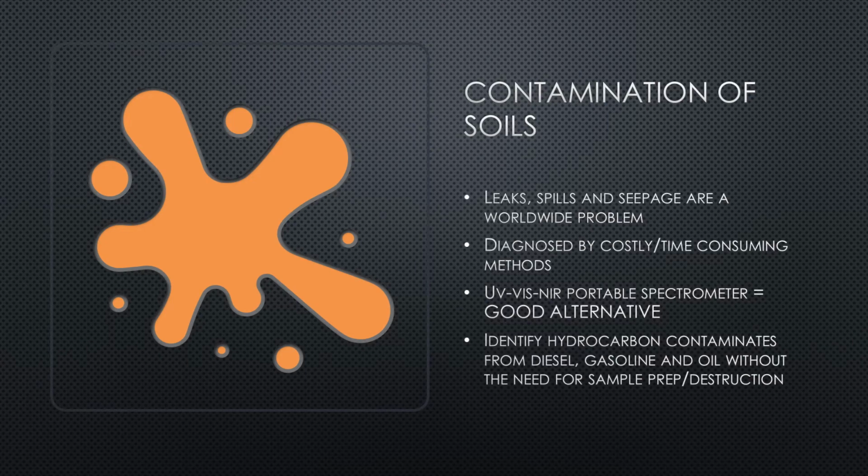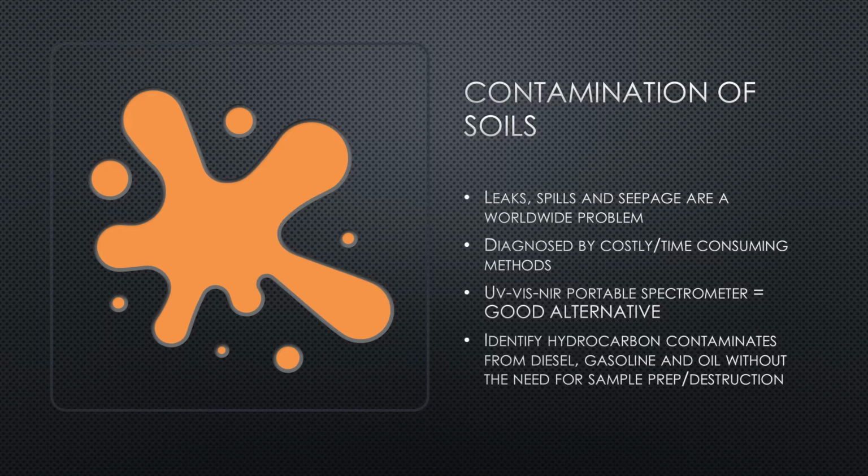The application that I focused on for this workshop is contamination of soils. Contamination of soil due to leaks, spills, and seepage is a worldwide problem, usually diagnosed by costly and time-consuming methods like wet chemistry. A faster solution to identify contaminants in soil is to use a UV-VIS-NIR field spectrometer.